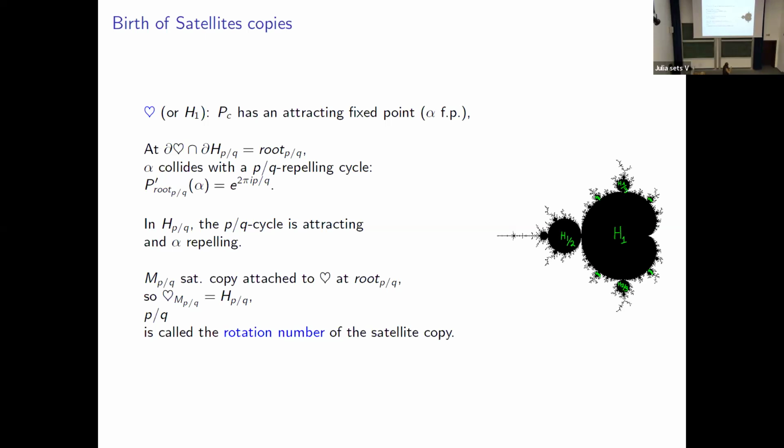At the point where these two components touch, the alpha fixed point and the cycle merge together. They become one thing, a parabolic fixed point. And when we go into the hyperbolic component of rotation number 1/3, the alpha fixed point becomes repelling and the periodic cycle becomes attracting.